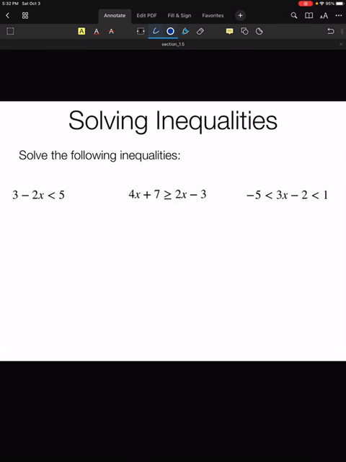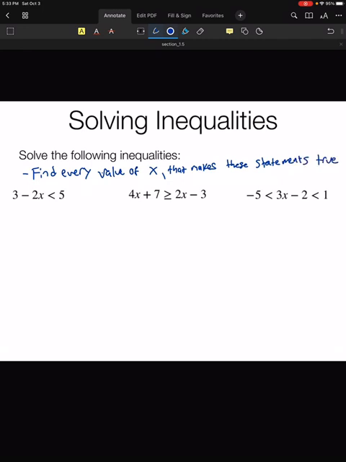When I say solve these following inequalities, what I really mean is find every value of x that makes these statements true.